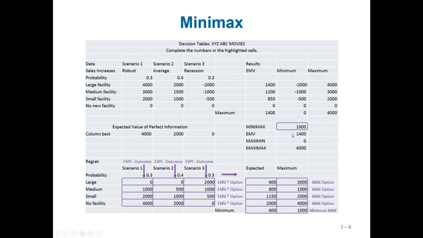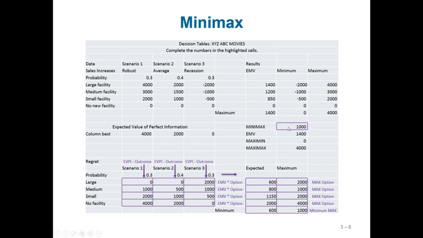If you wanted to go with the option that provided you with the best expected monetary value, which one is most likely to get you positive cash flow, then you're going to go again with the large facility because it gets you the 1,400.